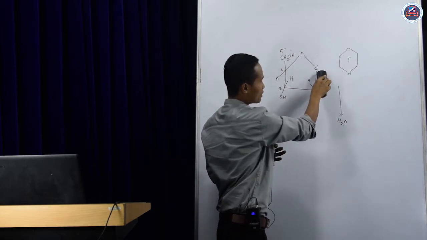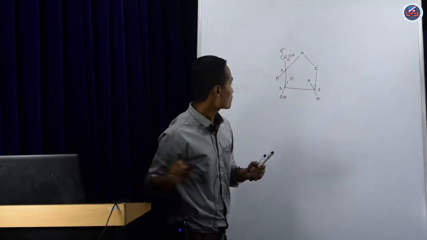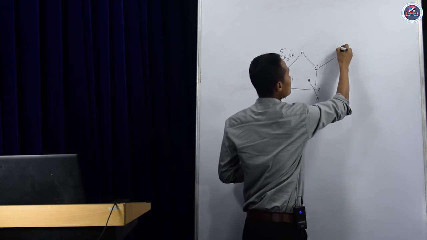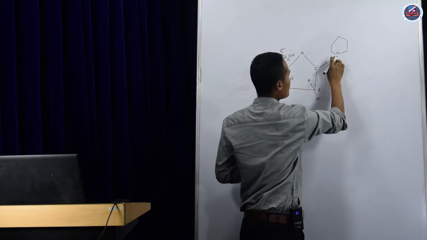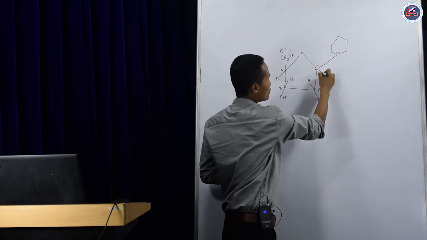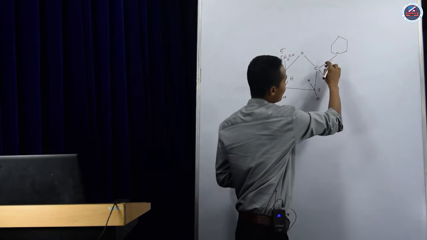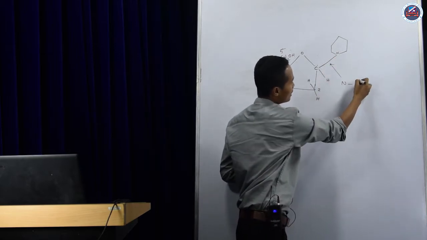Let me rearrange the structure. This is the formation of the bond between the carbon of the sugar and the nitrogen of the nitrogenous base. This bond is known as the N-glycosidic bond.